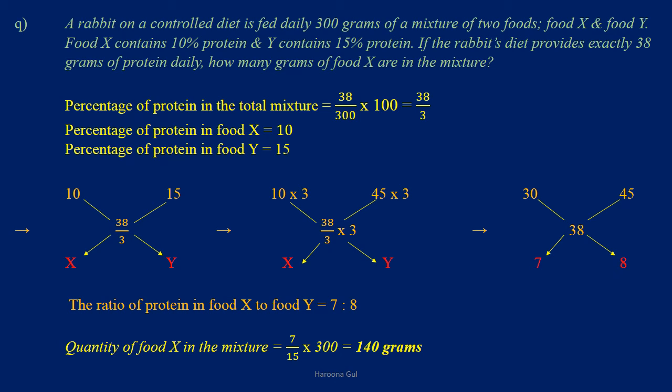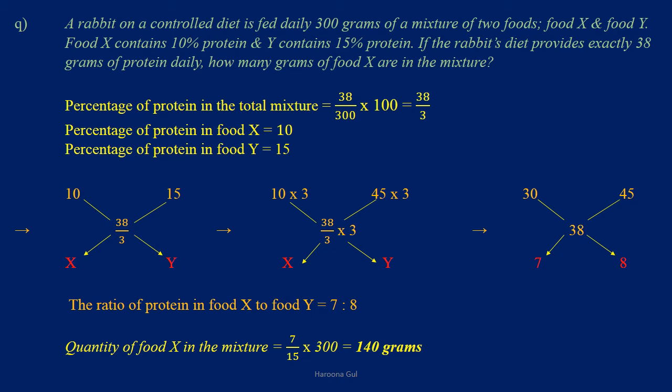By using alligation, we're going to get the ratio of X and Y, right? Which is 7 to 8. That is the ratio of food X and Y is 7:8, right?